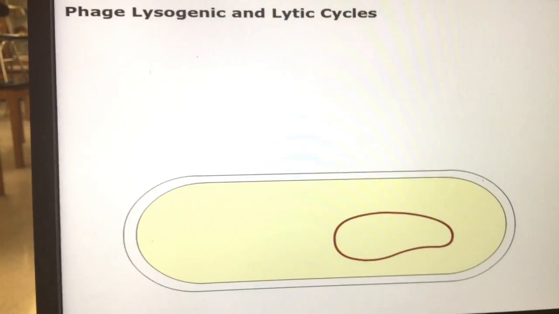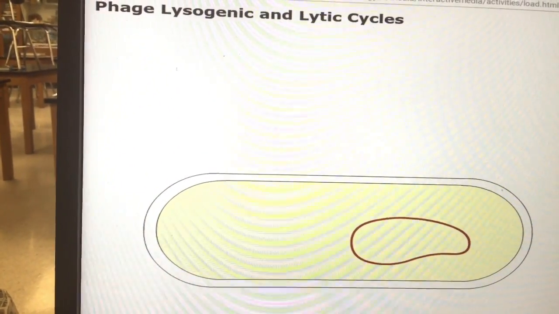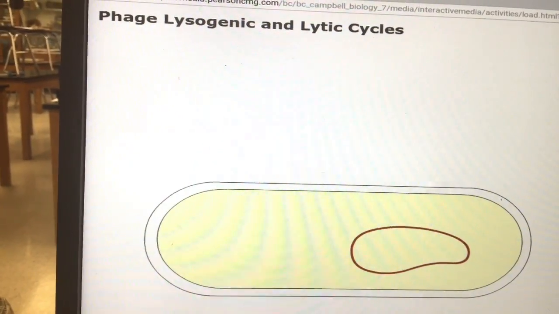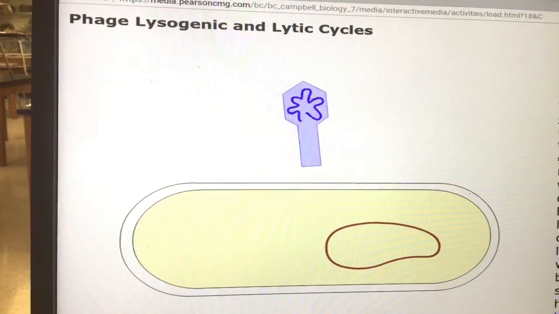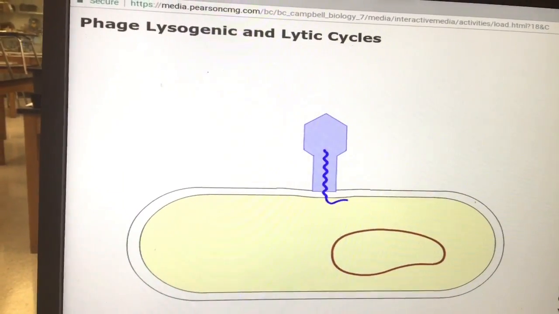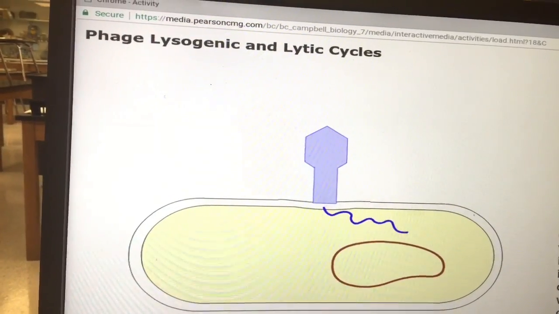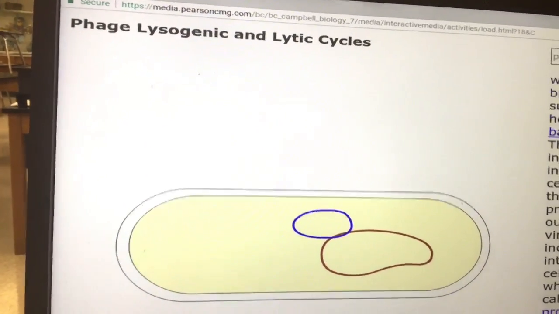All right, so unlike the lytic cycle, the lysogenic cycle reproduces the viral genetic material without destroying the host cell. So here comes a lambda phage, and it binds to the surface of the bacteria, injects its DNA into the host cell, leaving the empty protein coat.